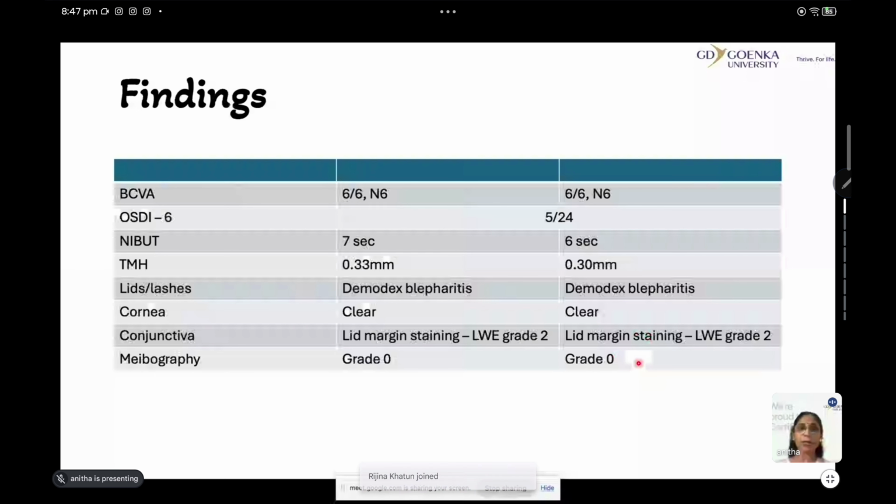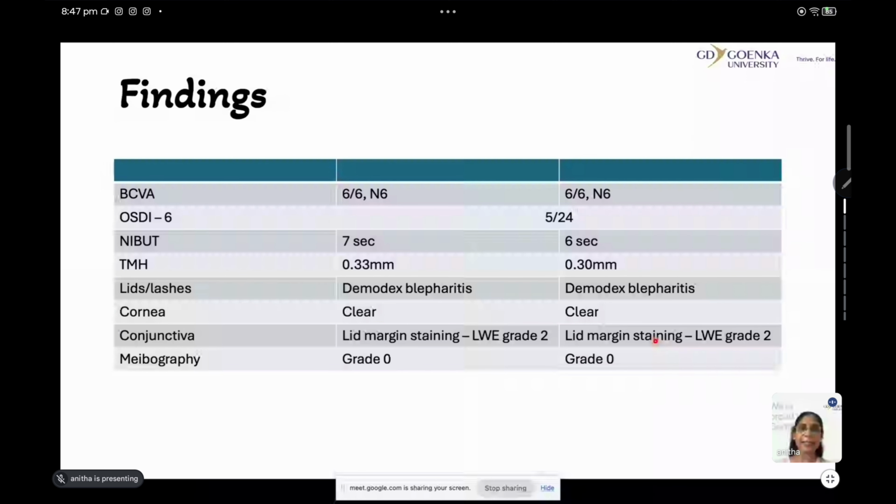Coming to the clinical findings, the best corrected visual acuities were 6/6, N6. The OSDI-6 questionnaire score was 5, on a possible score of 24. So you understand that the cutoff for OSDI-6 is 4, which means 5 meaning that she is symptomatic. Non-invasive tear breakup time was 7 and 6 seconds.